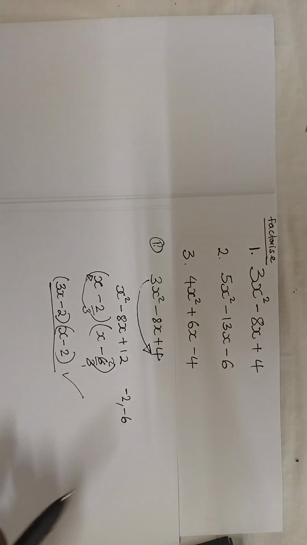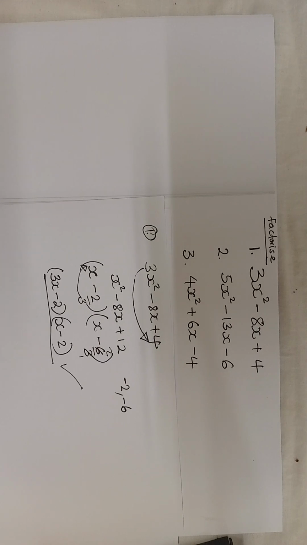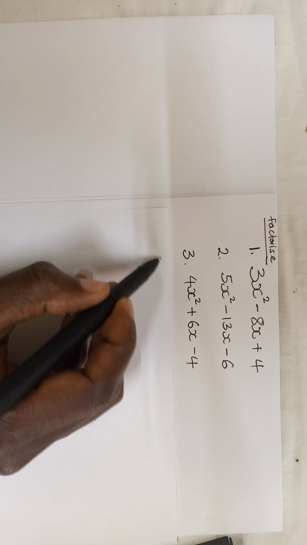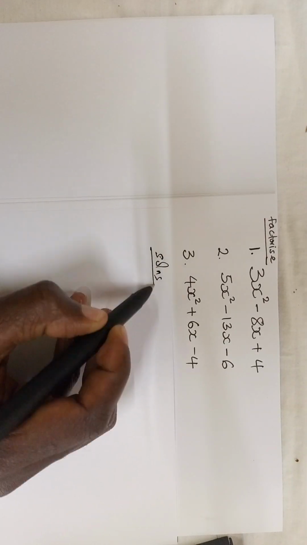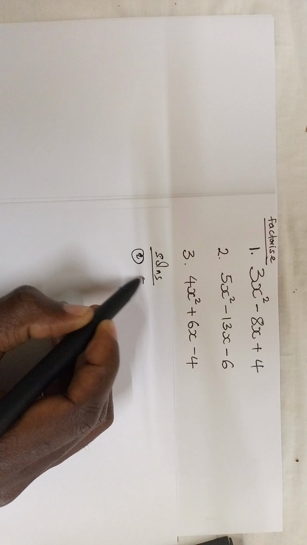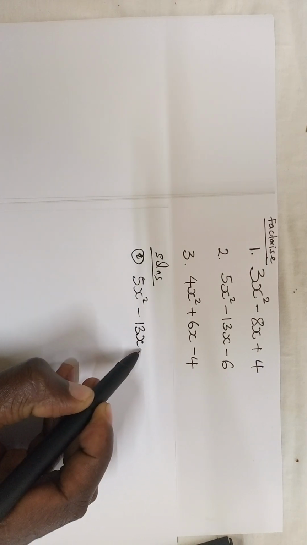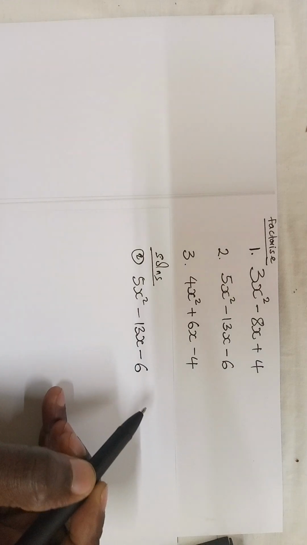We can also do the second sum here, which is my number 2. Solutions. We have number 2: 5x squared minus 13x minus 6. Let us try and see.